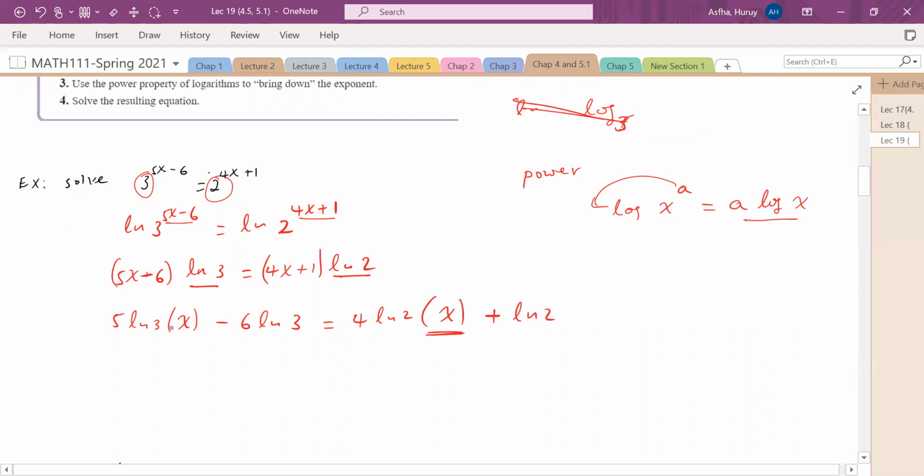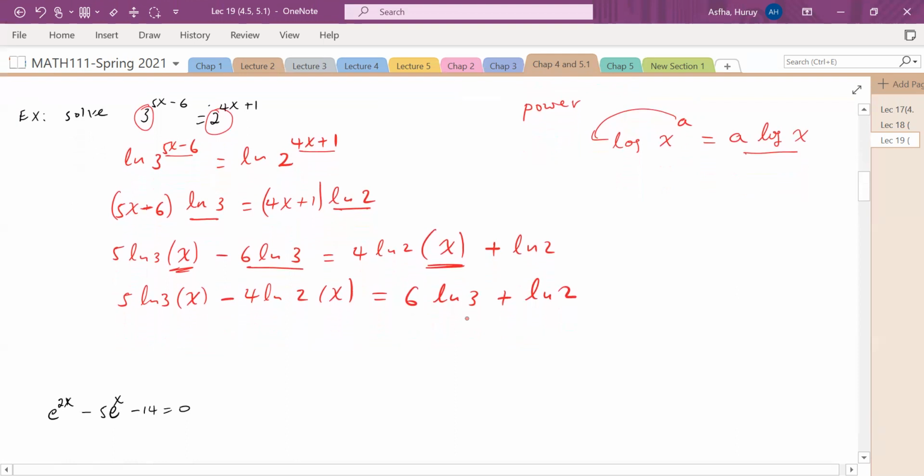The x variable is here and here, so I will bring them together. We have 5 ln 3 times x minus 4 ln 2 times x equals, bringing this to the right side, 6 ln 3 plus ln 2. These are the constant terms, and these are the variable terms.